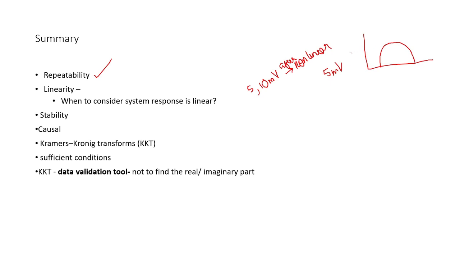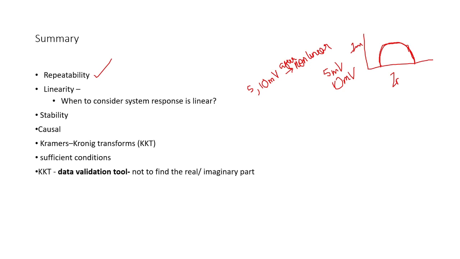So at 5 millivolt I'll get a semicircle, any shape. Now I'm applying 10 millivolt. Imagine that again I'll get something which is more or less like this within the noise limit. Obviously noise will affect it, so it might not be completely overlapping, but still we can say that they both are kind of overlapping.